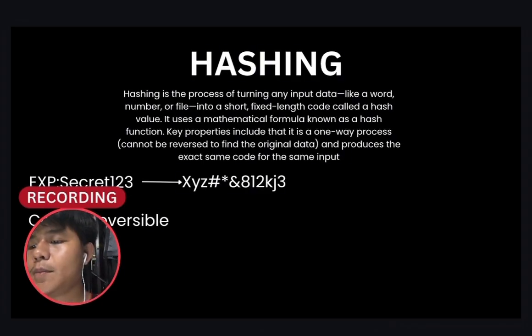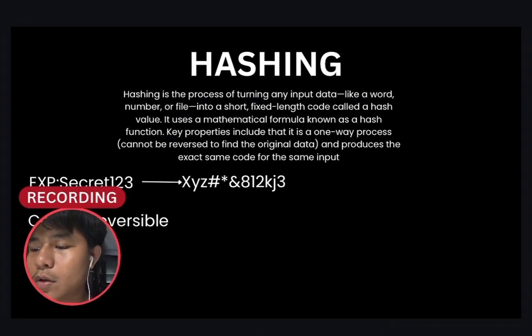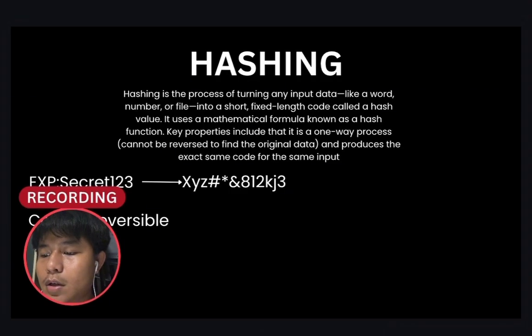So for the example here, when we type secret 123, it will change into XYZ, and you can see there. And the thing is here, you cannot reverse it. So the XYZ cannot be turned back into secret 123. So it is a one-way process.